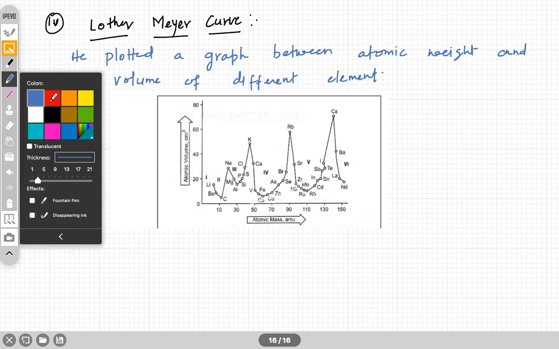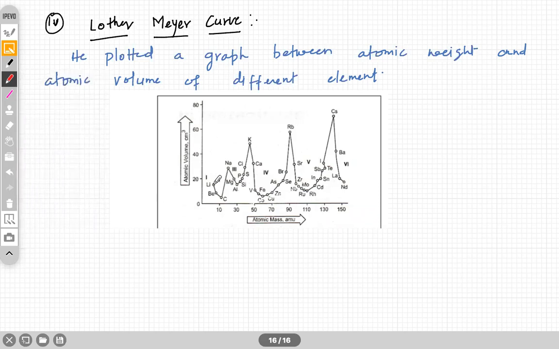You see lithium, sodium, potassium, rubidium, and cesium, right? These red dots are electropositive elements.